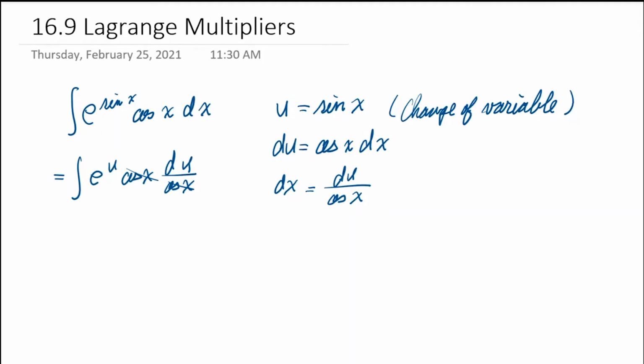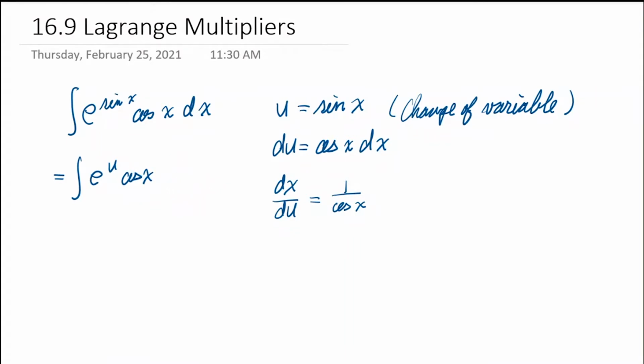So instead of writing it like this, I'm going to modify it in order to get to today's lesson, which is Lagrange multiplier. What is dx over du? That is 1 over cosine x, isn't it? Say yes. So let's go back here. The computer seems to be stuck.